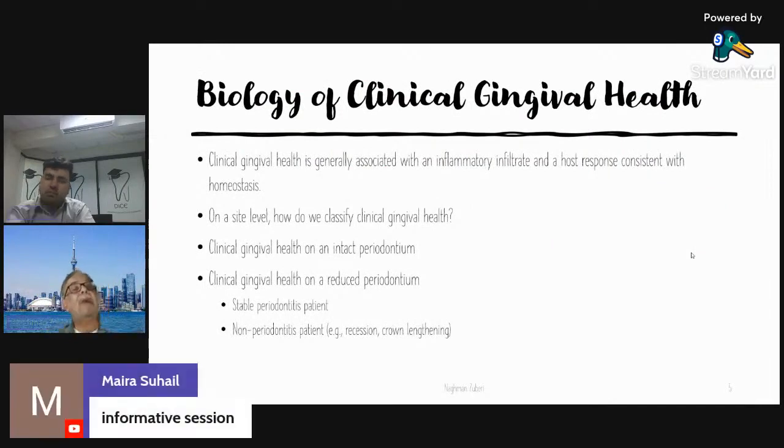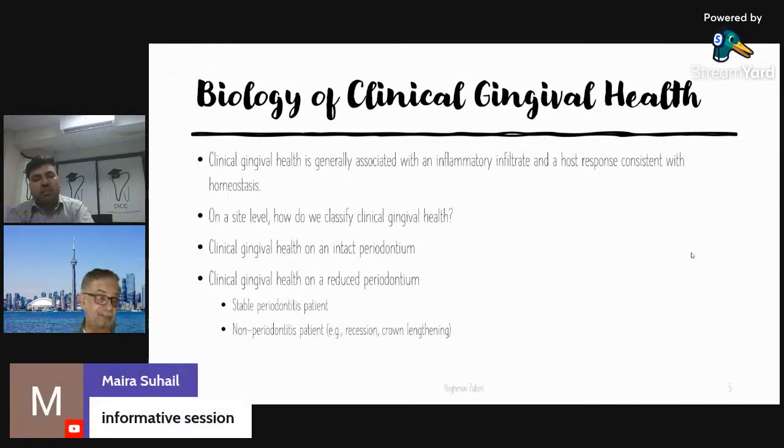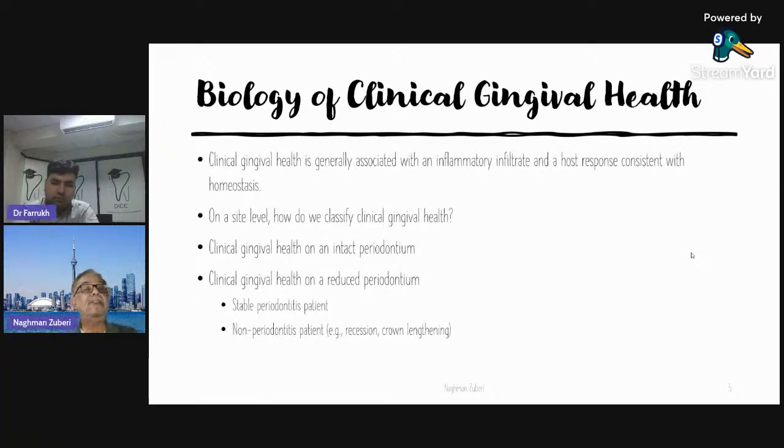If we look at the biology, clinical gingival health is generally associated with an inflammatory infiltrate and a host response consistent with homeostasis. On a site level, how do we classify clinical gingival health? Site means the probing site.